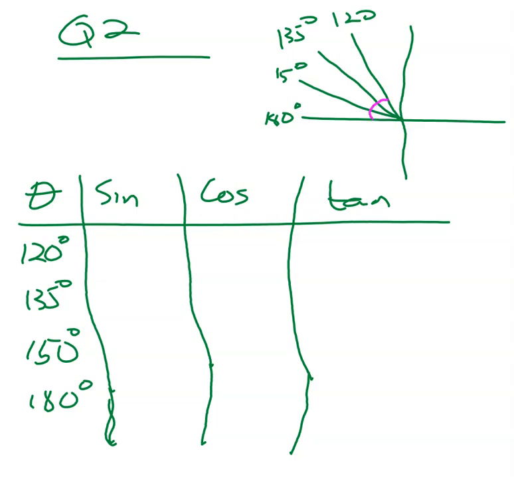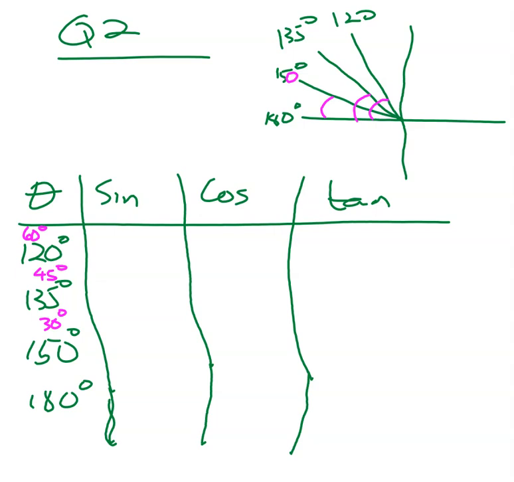This is our reference angle. So this actually is 60 degrees. So I'm going to write it on the top here, 60 degrees. 135 degrees, its reference angle is 45 degrees. So this is 45 degrees. And then 150 degrees, the reference angle is actually 30 degrees.